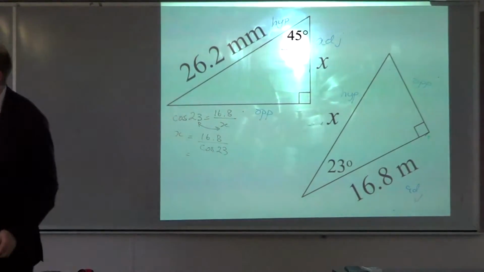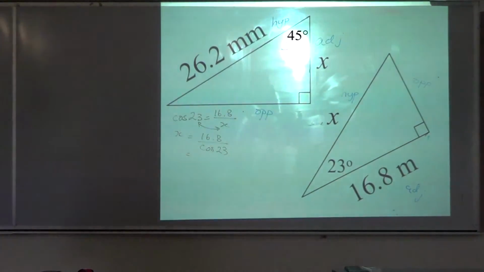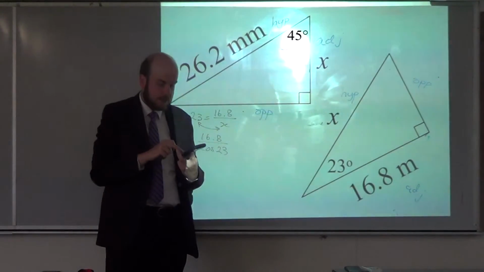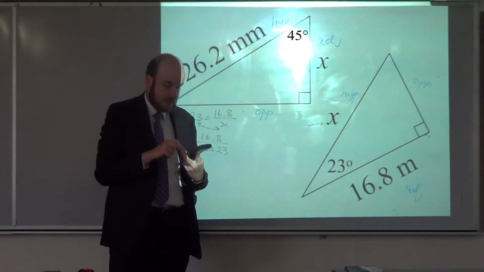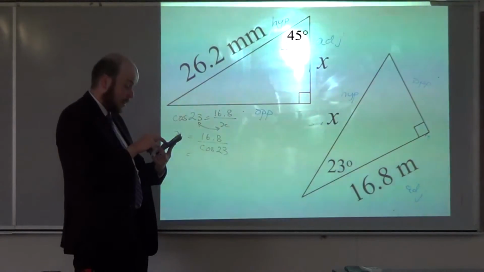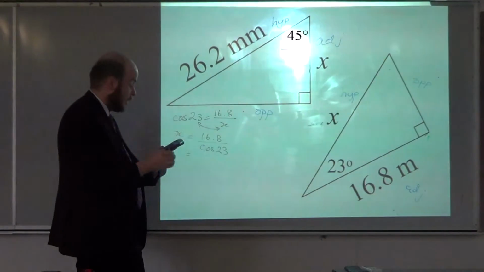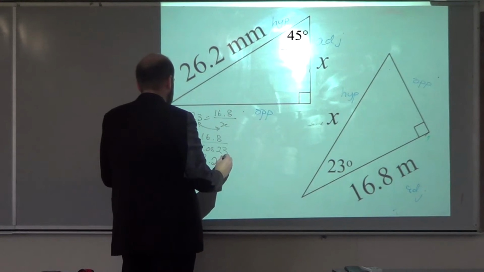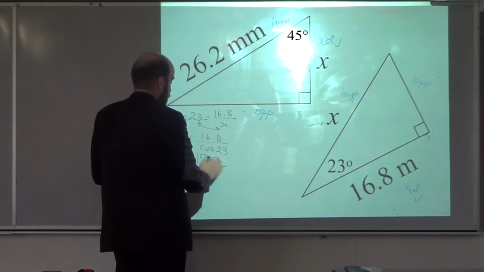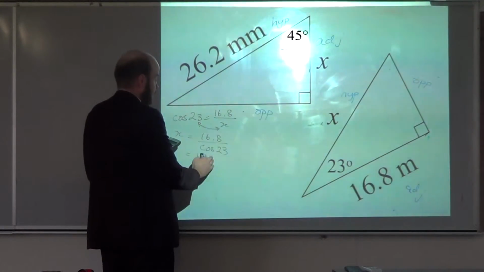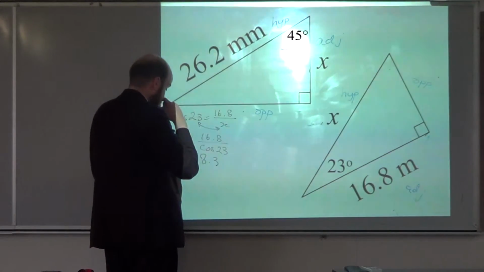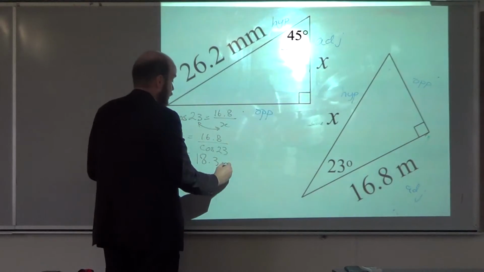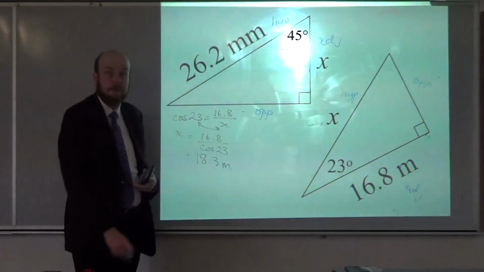And then we pop it into our calculator. 16.8 divided by cos 23, and again, we get 18.25, which would be 18.3. And this was in metres, so this also has to be in metres.